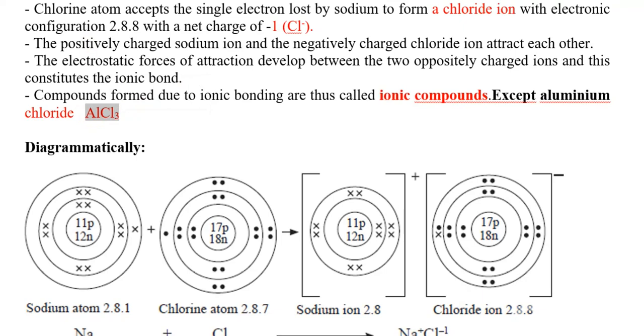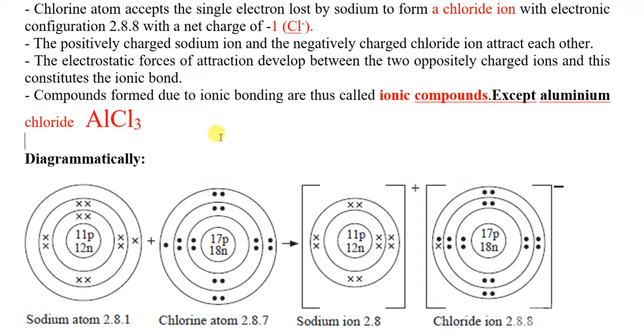From a glance, you might tell me that it is an ionic bond, because aluminium is a metal and chlorine is a non-metal, therefore it is an ionic bond. But with the exception of aluminium chloride, which is a molecule.